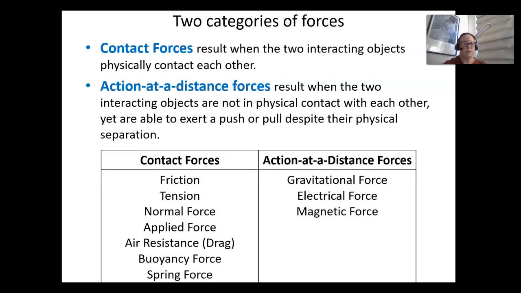Electrical force: things that have electric charge can either attract or repel each other, and they do not have to touch each other for that force to be exerted. And similarly, magnetic forces also can be exerted even if there's no physical contact. So all three of those are examples of action at a distance type of forces.